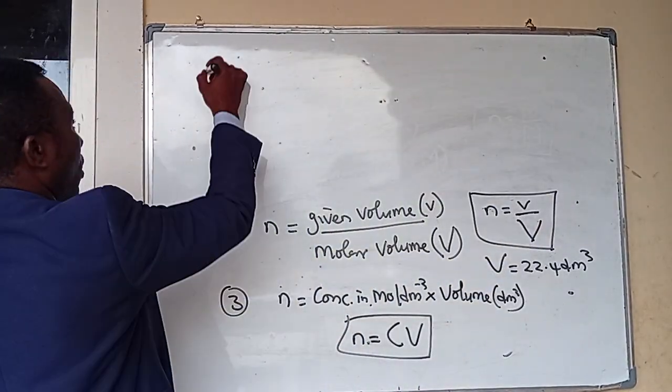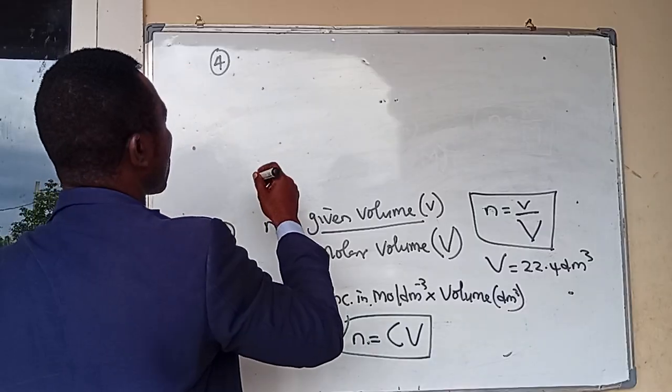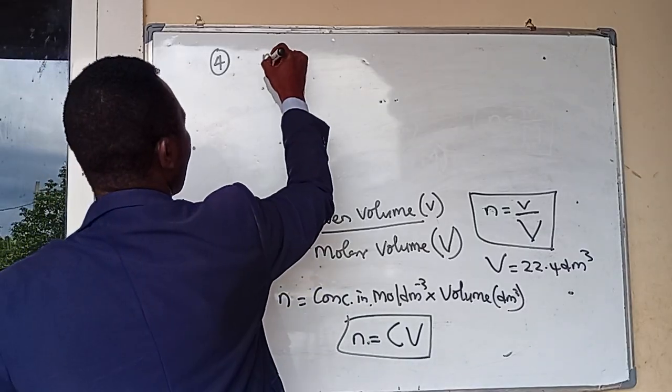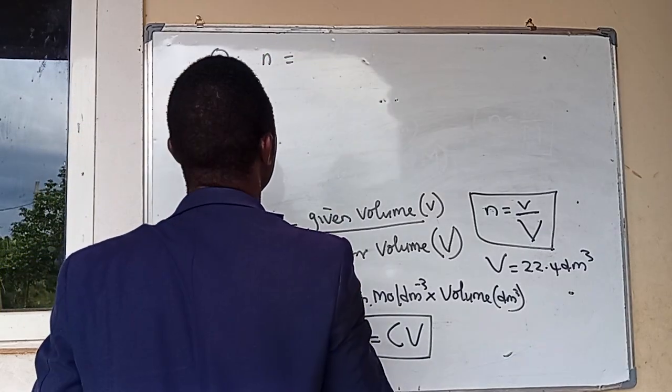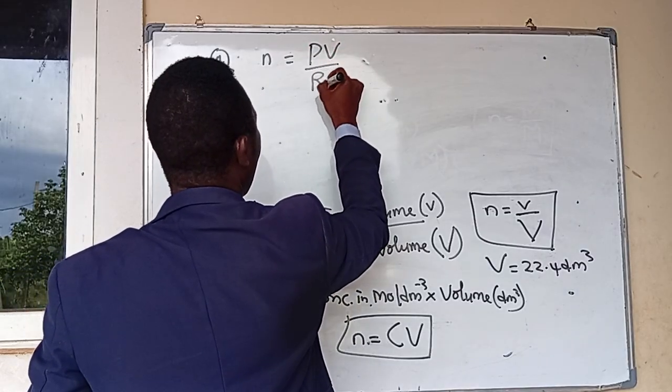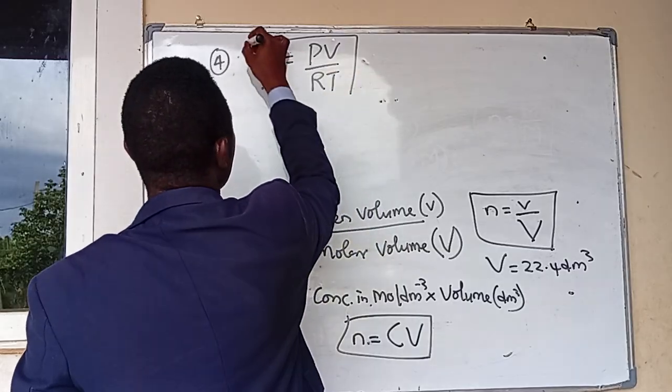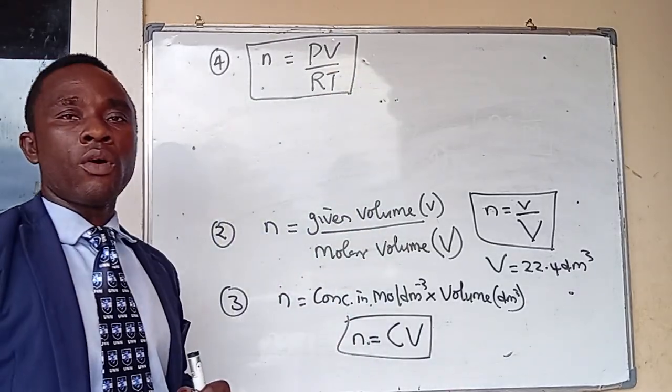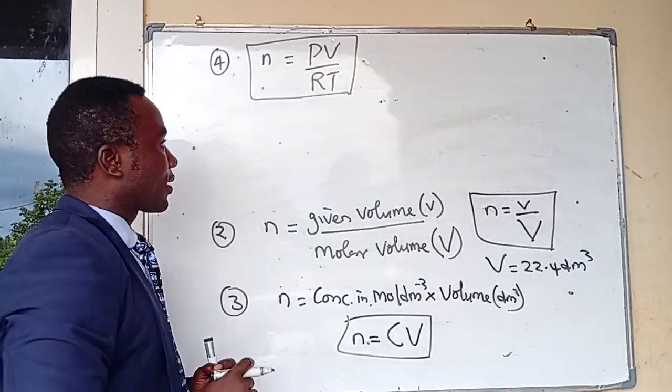Now number 4 formula for number of moles. Number of moles n is also equal to PV over RT. This holds for an ideal gas.